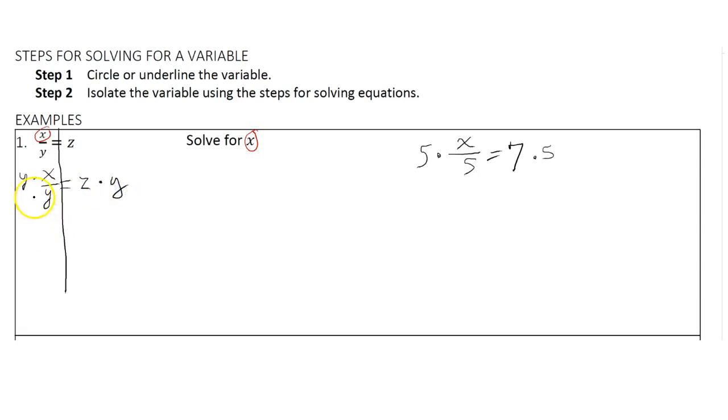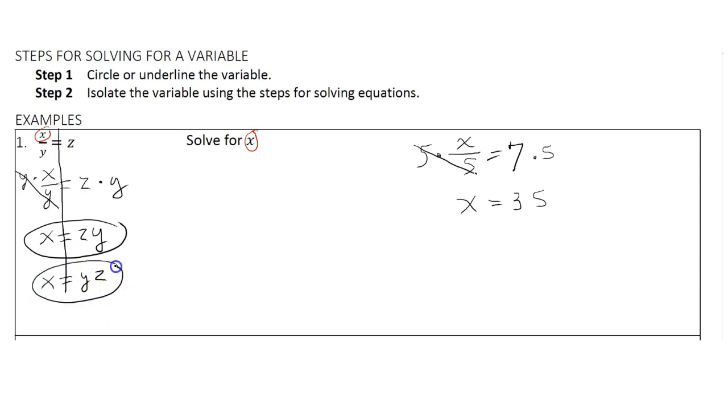The solution to the pretend equation, then, is 35, which I got by multiplying 7 and 5. To show this on the literal equation, I multiply z times y. My solution, then, is x equals z times y, or x equals y times z. Once the variable we're solving for is alone, we have found our solution.